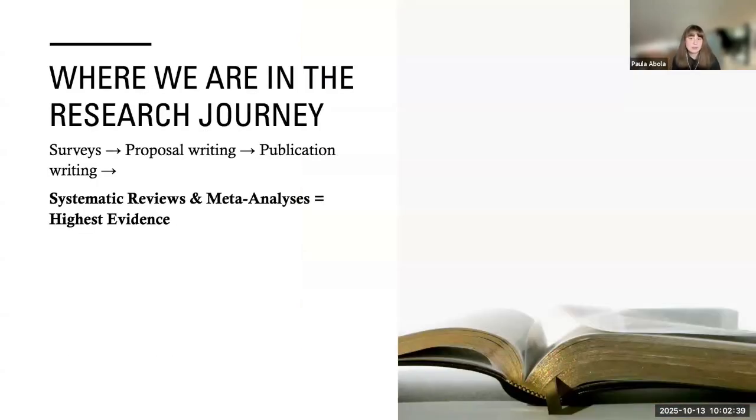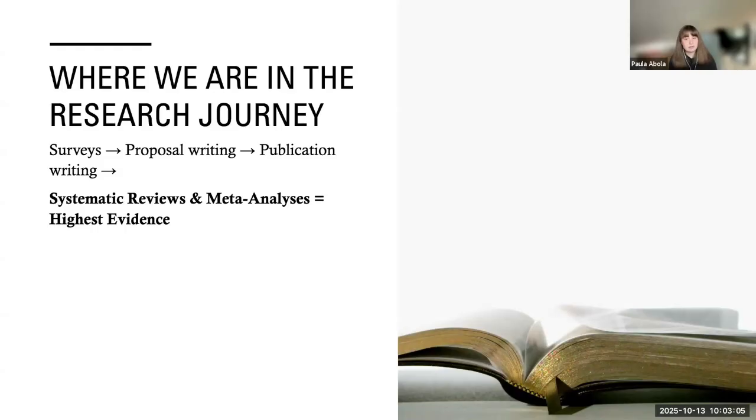So first, let's place today's topic in the bigger research journey. You have learned how to design your own research, especially surveys, which we focused on in multiple lectures here at AIU. You have worked on writing strong proposals, and you have started thinking about publishing. And now we're stepping into the territory of secondary research, synthesizing what is already published.